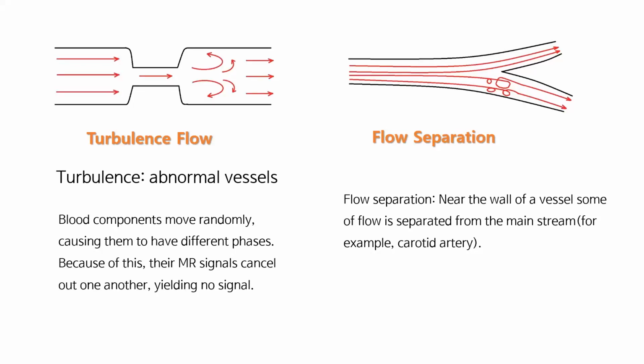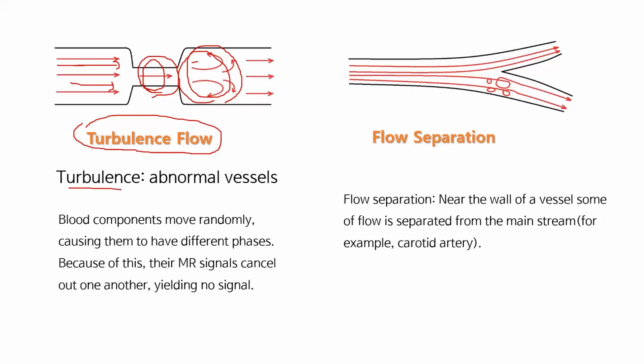This figure shows the turbulence flow. There's some neck between two blood vessels, connected by two blood vessels, and blood is flowing in this direction, and here we can obtain turbulence flow.